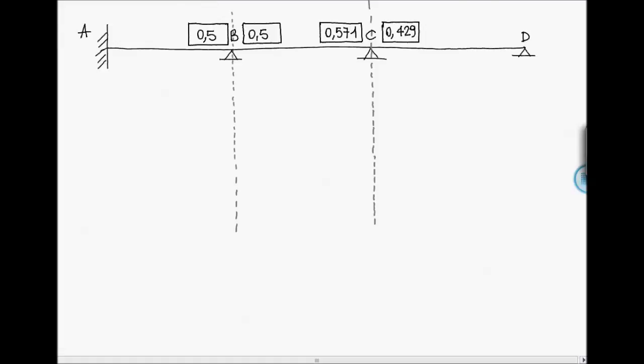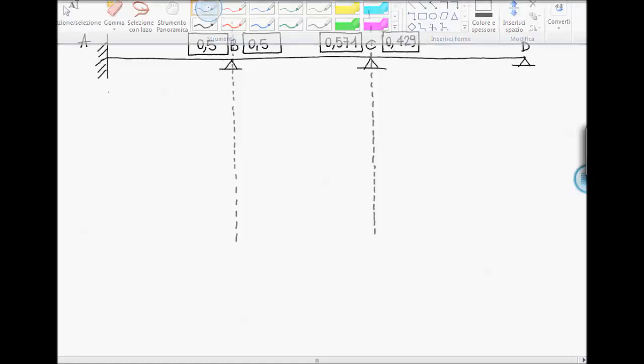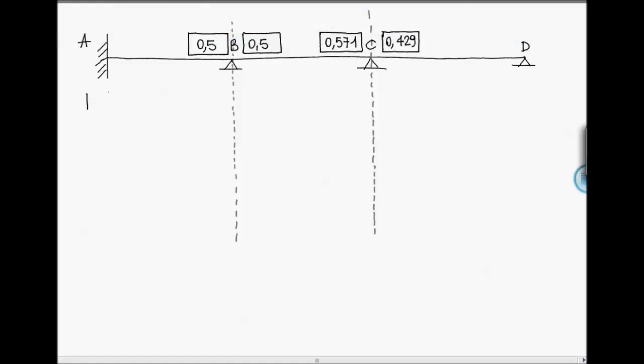We start by writing the first bending moments, which are the fixed end moments. All the values I'll write here should be multiplied by QL squared.